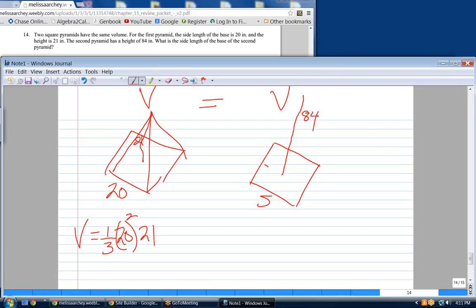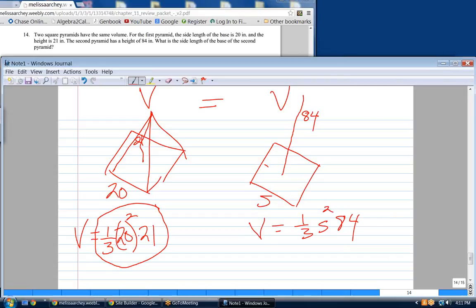Okay? Well, they're saying that these two things have equal volumes. So whatever that number is, that's the volume of this other one. So I'm going to write the volume equals 1/3 s squared times 84, correct?